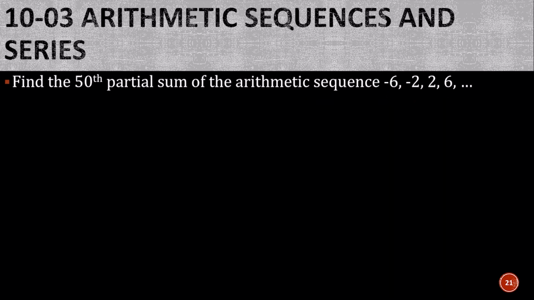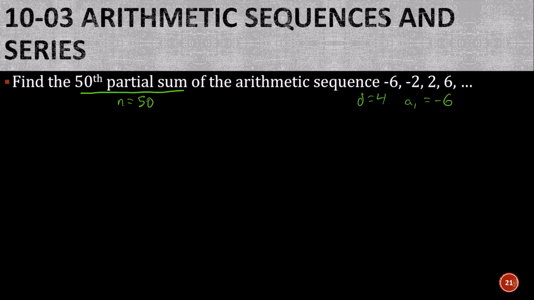All right, find the 50th partial sum. That means we're going up through n is 50. Looking at the sequence, it looks like d is going to be 4, a_1 is going to be negative 6.